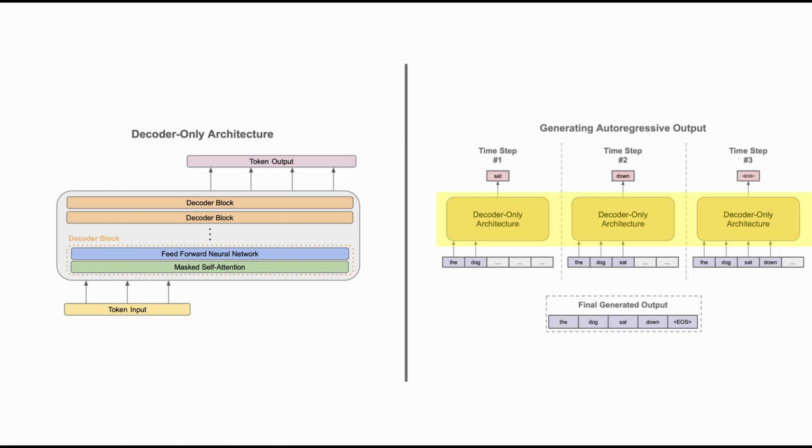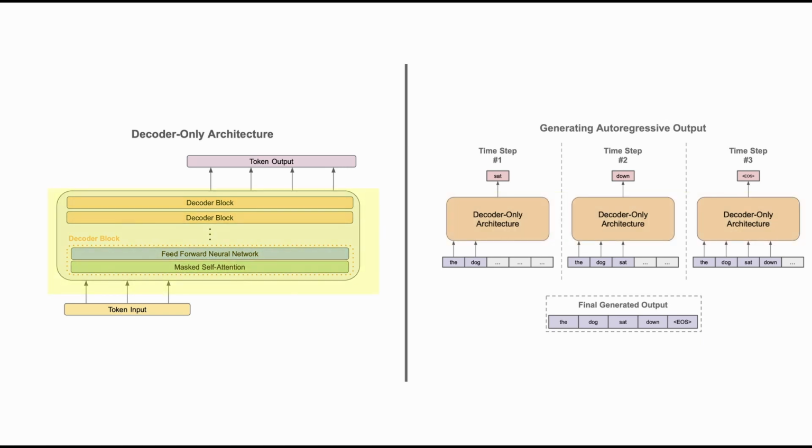This is in contrast to other models where you have an encoder step where you take the inputs and encode them into a certain set of neurons, and then you do the outputting separately using the decoders. So the decoder architecture is more simple, mapping directly from inputs to generated outputs.